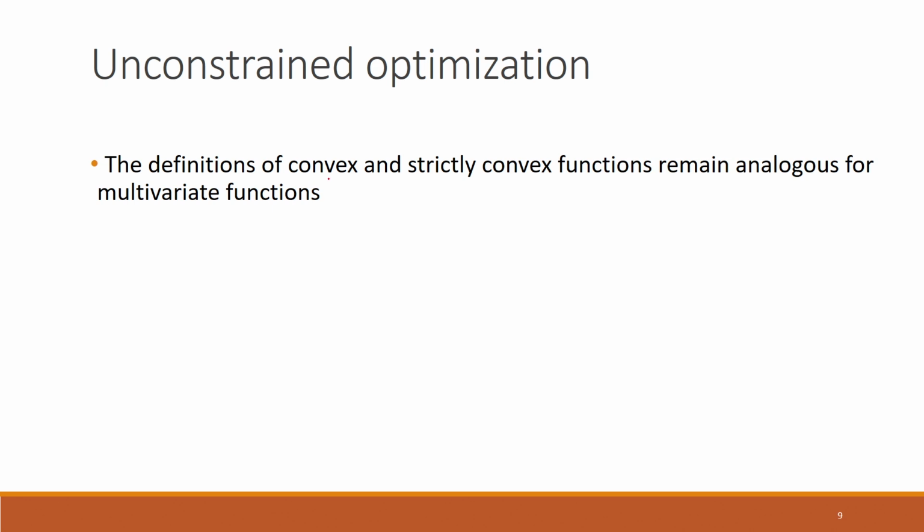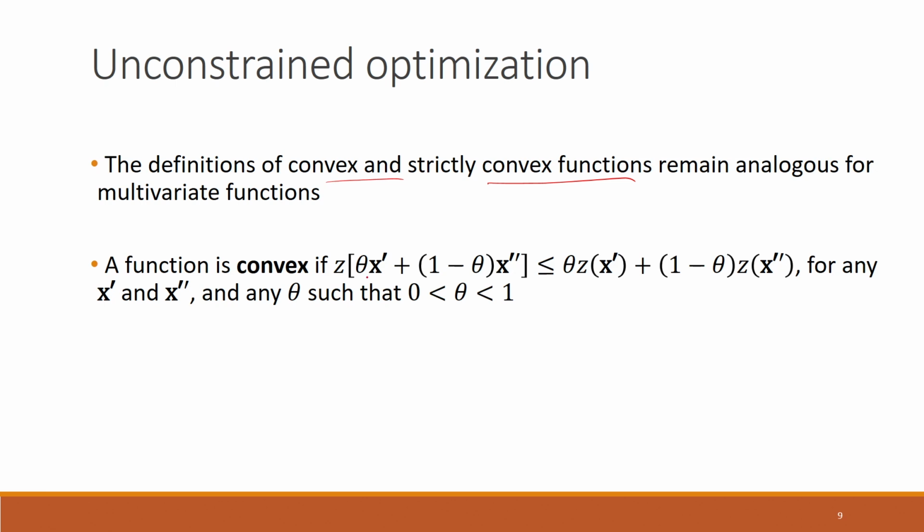Now the definitions of convex and strictly convex functions also remain analogous for multivariate functions. A function z is said to be convex if z of theta x dash plus 1 minus theta x double dash is less than or equal to theta z of x dash plus 1 minus theta times z of x double dash, for any x dash and x double dash and any theta that lies in 0 to 1.